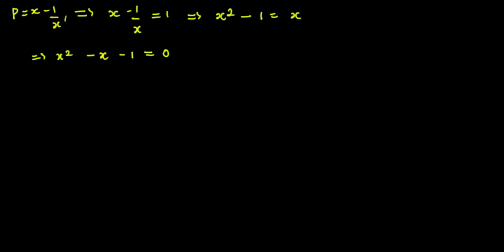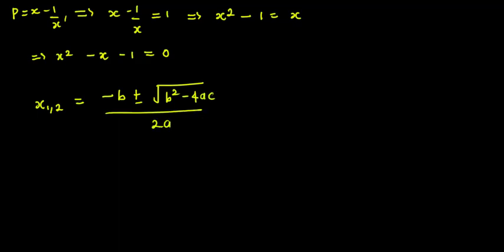Now we have that the two roots x1, x2 will be equal to minus b plus or minus the square root of b squared minus 4ac, divided by 2a. Now this is for ax squared plus bx plus c equal to 0.